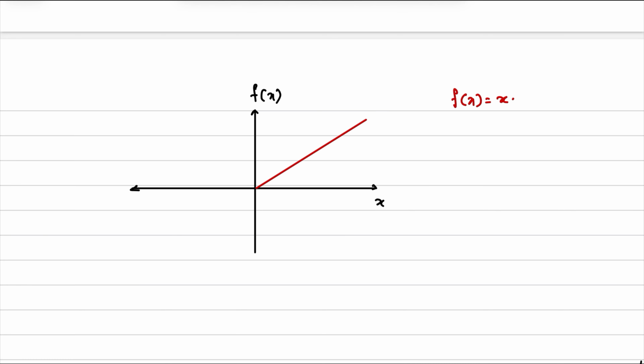If x is equal to 1, y is equal to 1. If x is equal to 2, y is equal to 2. If x is equal to minus 1, y is equal to minus 1.